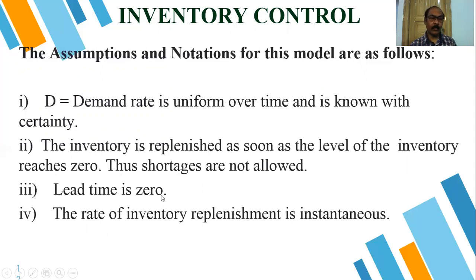Lead time is 0. That means as soon as the inventory goes to 0, we get the inventory to continue our production. That's why the lead time is 0. The rate of inventory replacement is instantaneous, which has the same meaning. These three points have the same meaning; they are interrelated. If this happens, this will be 0.